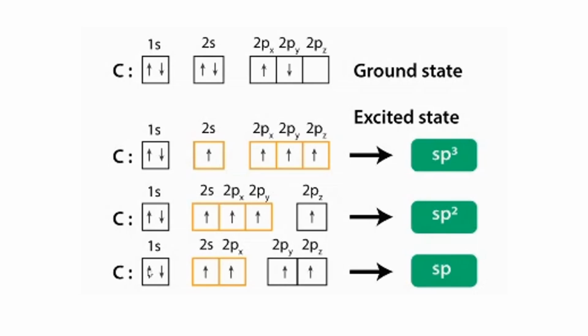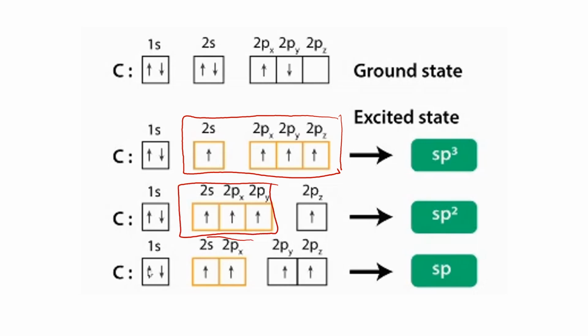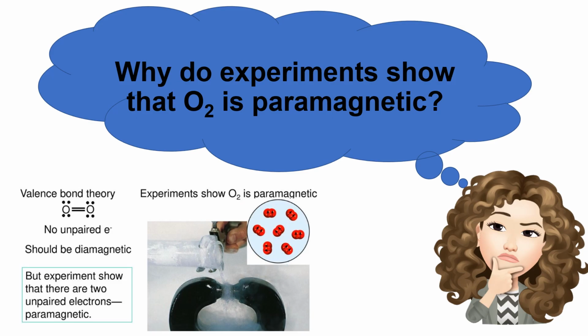This is the summary of the ground state of carbon and its excited state, so that we can see here for sp3, we use all 4 half-filled orbitals. We use only 3 for sp2, and we use only 2 for sp. Valence bond theory says that the oxygen molecule has no unpaired electrons, therefore it should be diamagnetic.